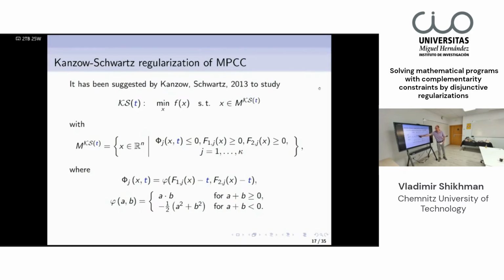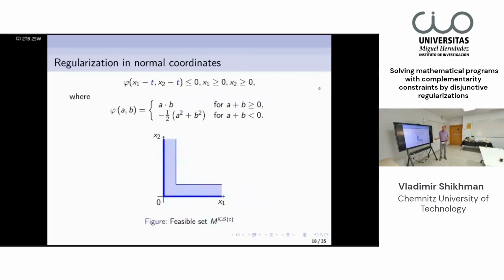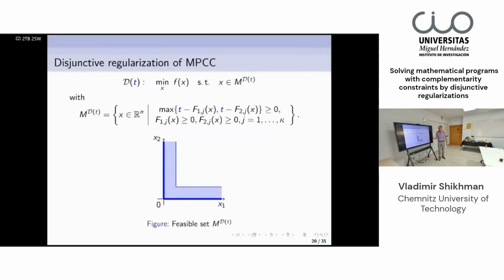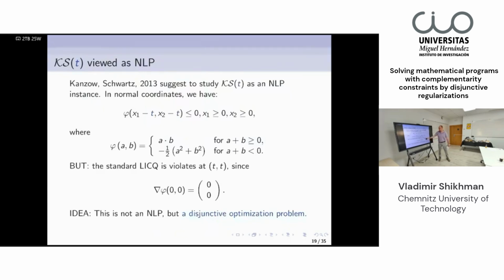But if you have the gradients of this function, which in our simple case is x1, x2, you differentiate this function. If you differentiate with respect to a, you get b. With respect to b, you get a, and then you get (0, 0) if you put (t, t) inside. Okay, so the LICQ is not satisfied.